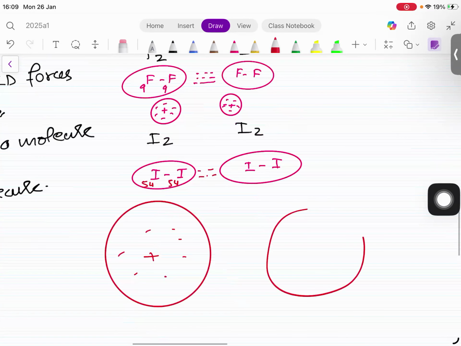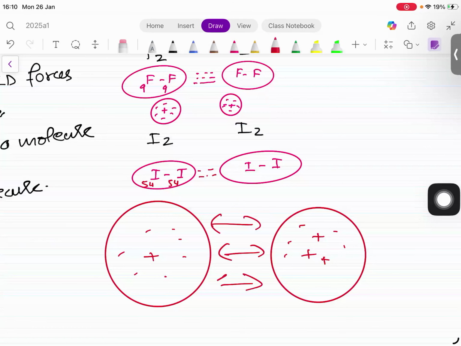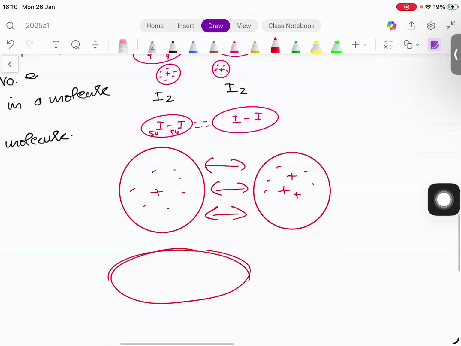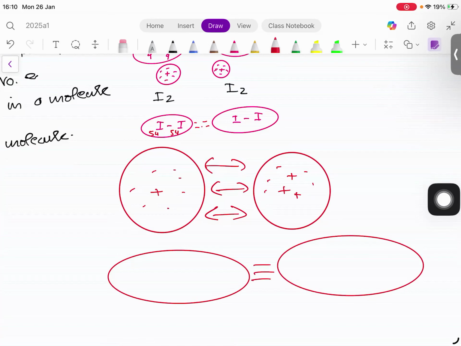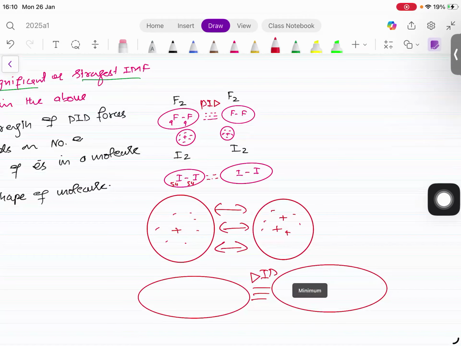So, very commonsensically, we can say that where there are more electrons, there is more repulsion and stronger dipoles are created. Am I right? So obviously the force of attraction here is going to be stronger. The forces are DID in both F2 and I2 molecules, but the I2 forces are way, way stronger.